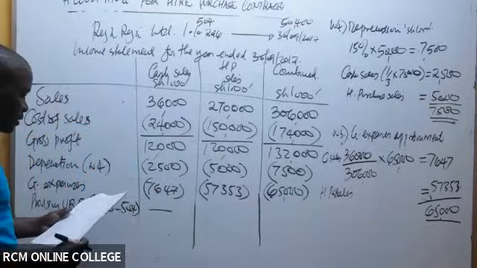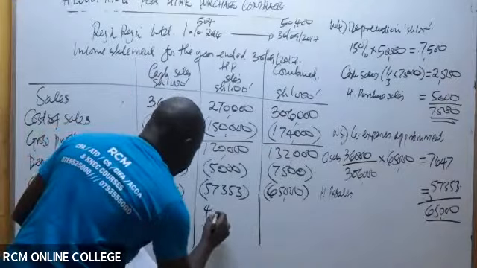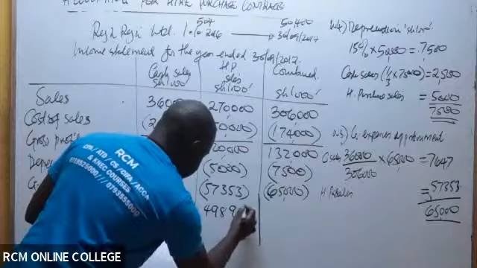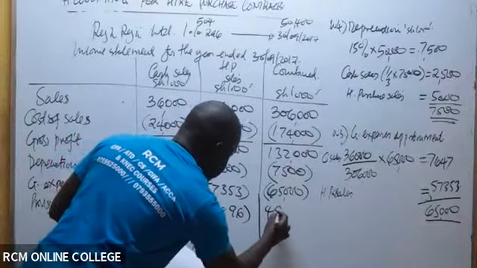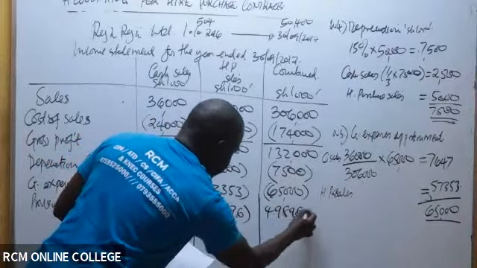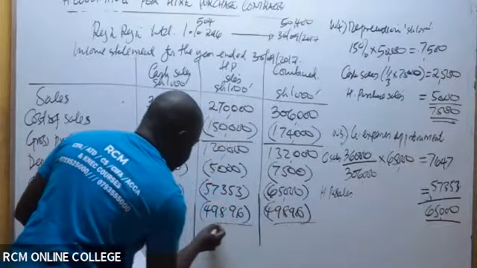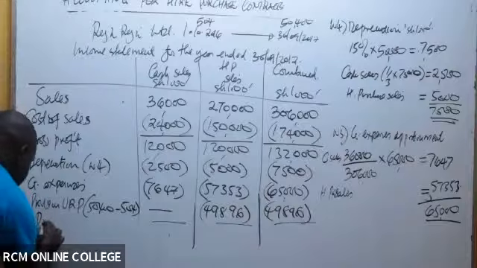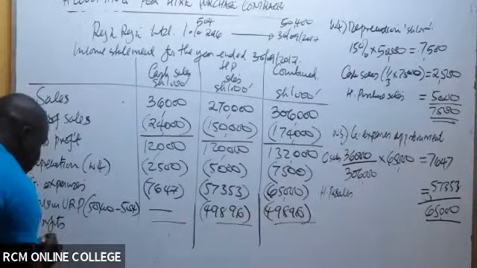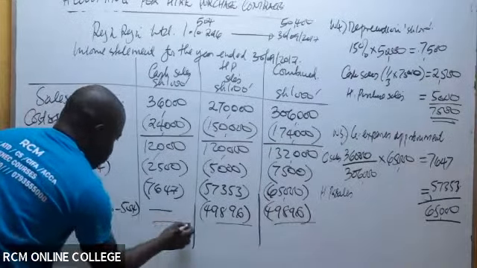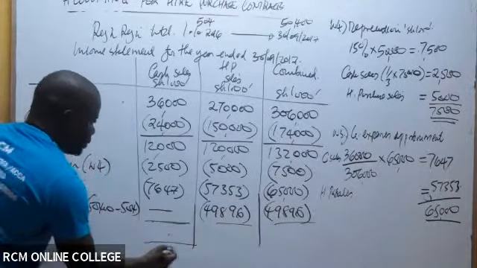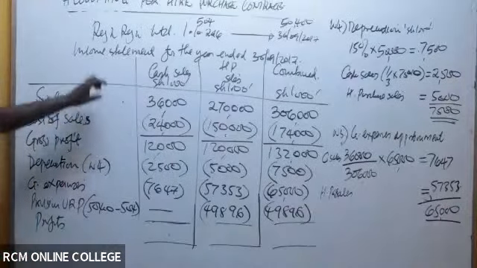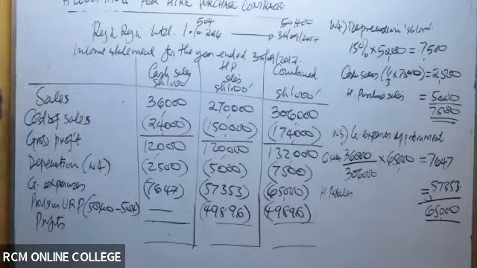If you get the difference, you get 49,896. Then you should be able to get the profits that were realized. That is how you come up with the income statement.